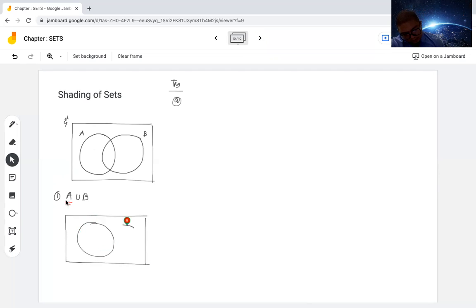So A, B, and then the epsilon. If I'm going to take A, this is what I'm going to have. So these are the elements of set A. And then if I'm going to get the elements of set B, I'm going to just tick it again.